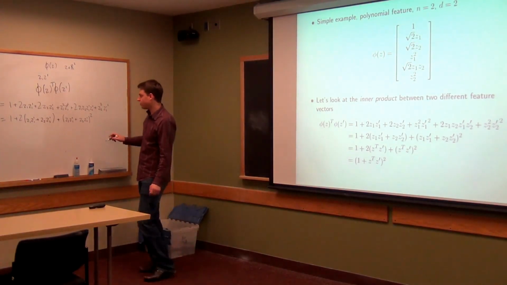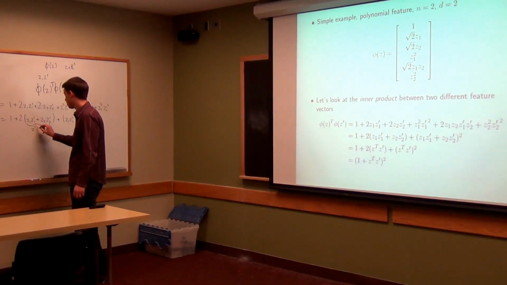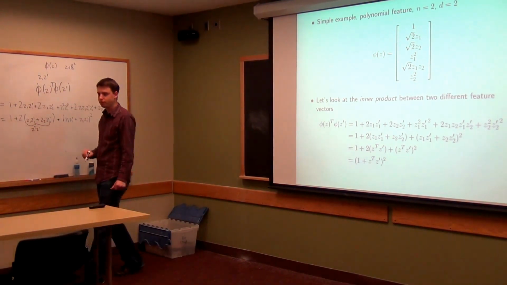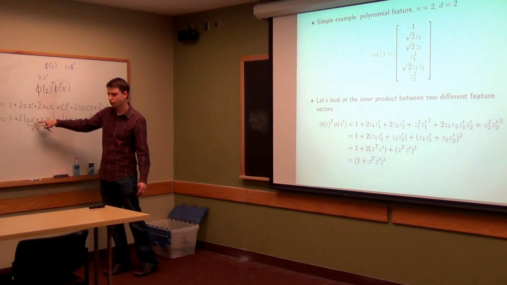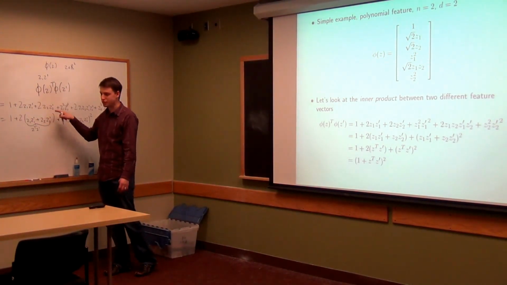So that's interesting, because this term here is just z transpose z prime. It's z1 times z1 prime plus z2 times z2 prime.